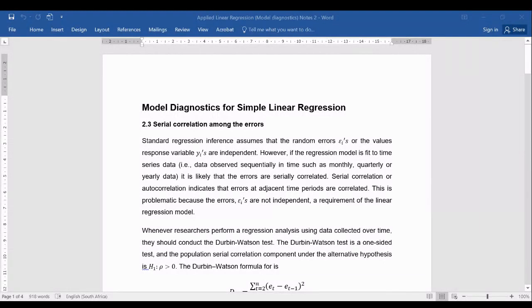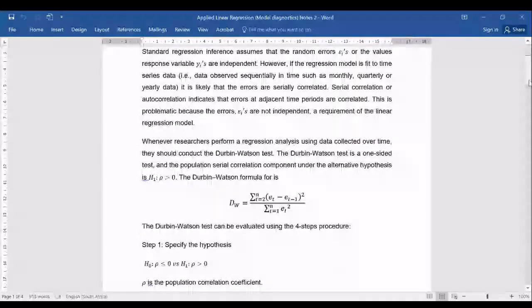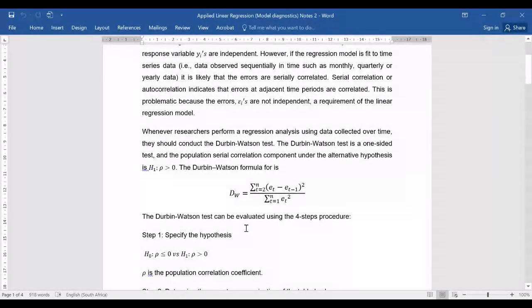Yes. So we are going to use the Durbin-Watson test to check if the errors are positively correlated or not. There you have the formula of the test statistic for Durbin-Watson, which is DW. The formula is the summation from t equals 2 to n of (e_t minus e_{t-1}) all squared, divided by SSE.